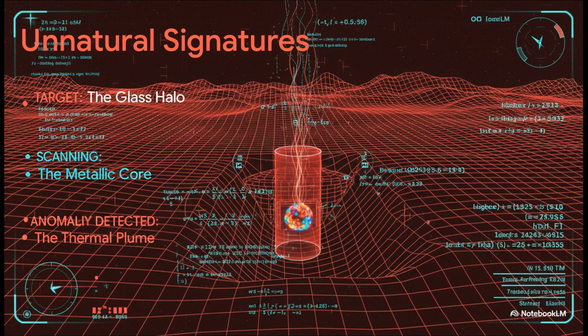First off, it looks for what's called a glass halo, a perfect cylinder of ultra-dense glass left behind by nuclear subterranes that actually melted the bedrock. Second, it senses the metallic core, detecting the thousands of tons of steel and heavy metals from nuclear reactors because nature just doesn't concentrate metals like that. And finally, it detects the thermal plume created by boiling water moving through underground aquifers.